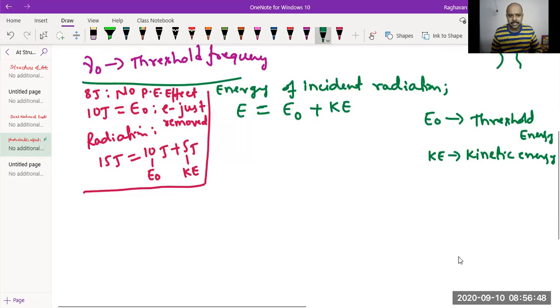I was telling, the energy of the incident radiation E will have two parts. A part of it will be used to remove the electron and the remaining part will be imparted to the electron as kinetic energy. Now, E is nothing but h nu. E naught is nothing but h nu naught.